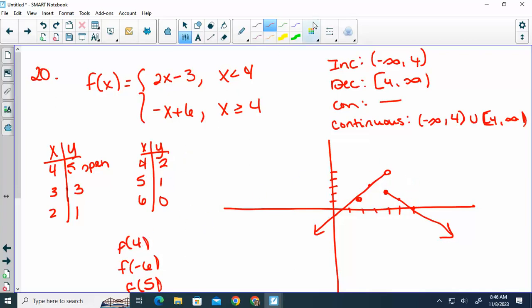So when it says 4, that means you have to go to the piece where it's equal to 4. So the opposite of 4 plus 6 is 2. If I say negative 6, that is less than 4, so you have to do 2 times negative 6 minus 3, or negative 15. When I say 5, which piece are you plugging that into? Right, 5 is greater than 4. And we get 1. So just make sure you're using the right piece there.